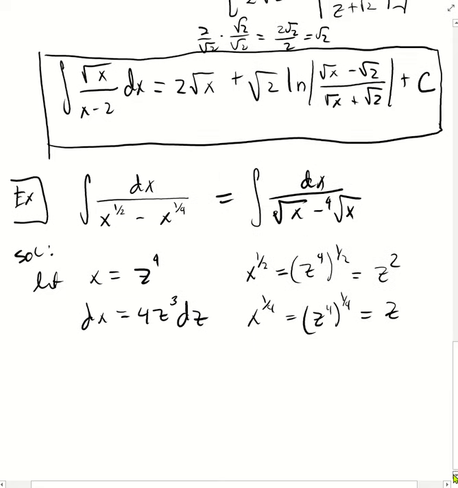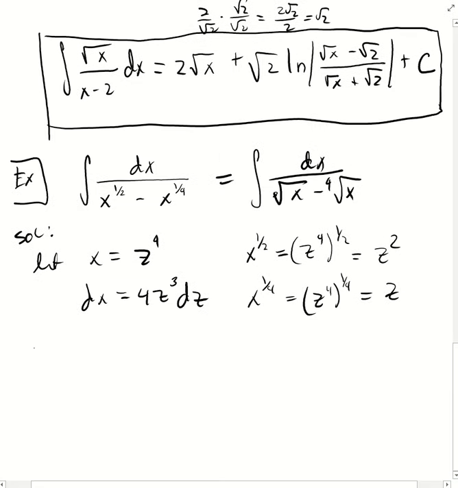And we can now do the substitution. So the integral of the numerator dx, which is 4z cubed dz, all over x raised to 1 half, which is z squared, minus x raised to 1 fourth, which is z.